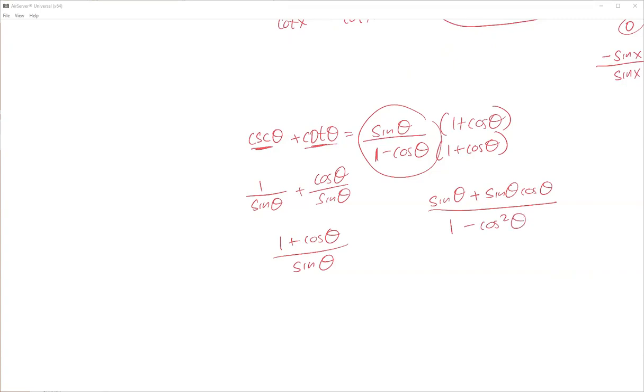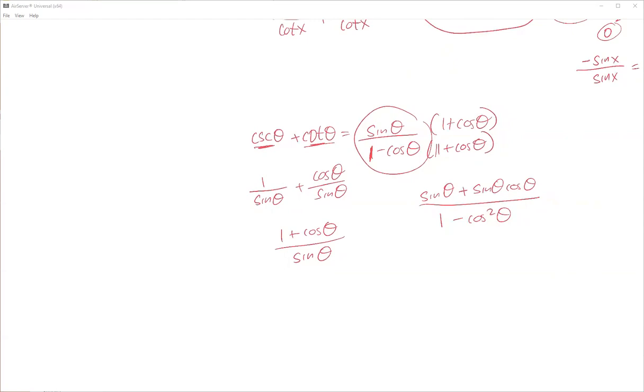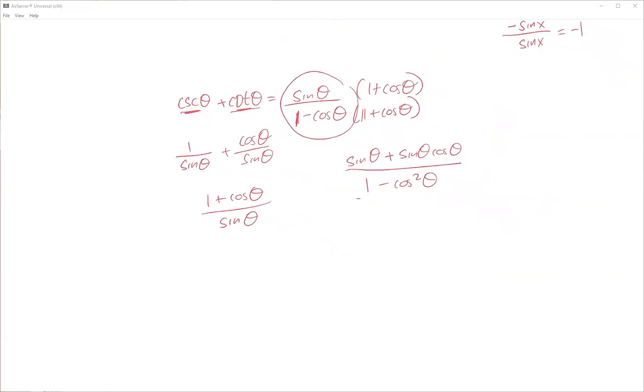Because if you multiply with FOIL, 1 times 1 is 1, the plus cosine and minus cosine eliminate, and then minus cosine theta times cosine theta is cosine squared theta. This then is equal to sine squared theta. So it'll be sine theta plus sine theta cosine theta all over sine squared theta.